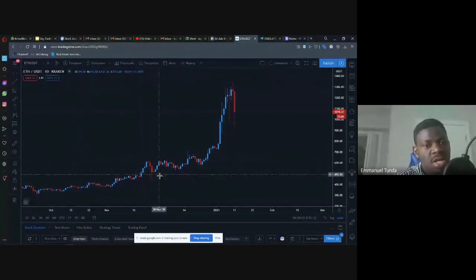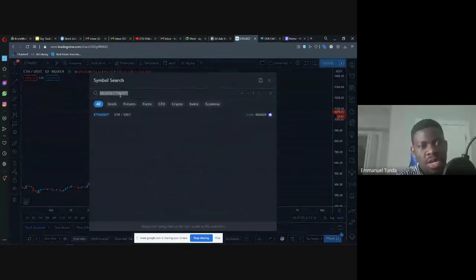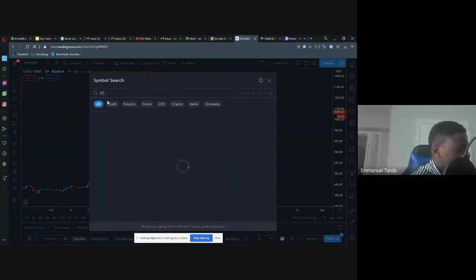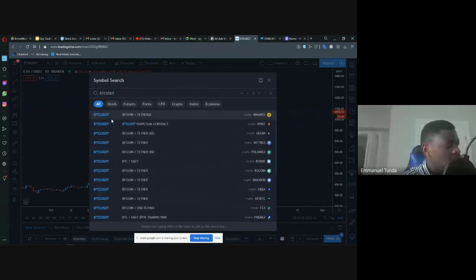If you need, you can get the paid version, but it's a free platform. So you go here, you type the underlying security that you're trying to analyze. I'm going to take, for example, Bitcoin USDT. So BTC USDT.